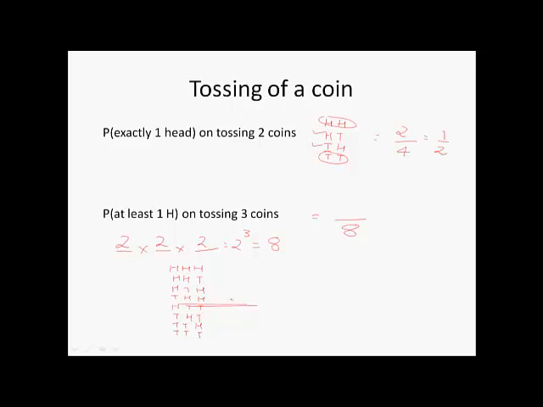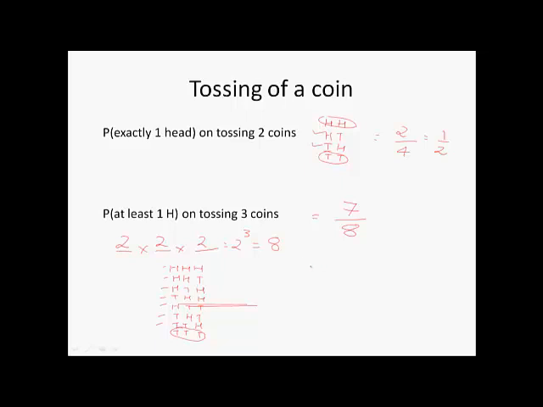I need to include all those outcomes which have at least one head. So 1, 2, 3, 4, 5, 6 and 7 of these outcomes have at least one head in their configuration, and it's only one of these outcomes, that is all tails, which does not give me the required condition. So the probability of getting at least one head on tossing 3 coins is 7 by 8.